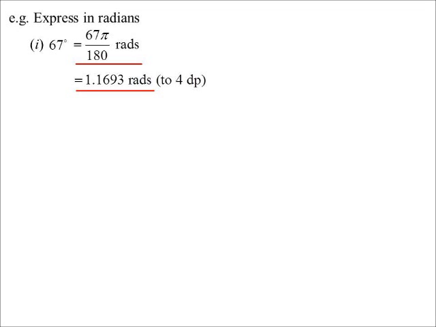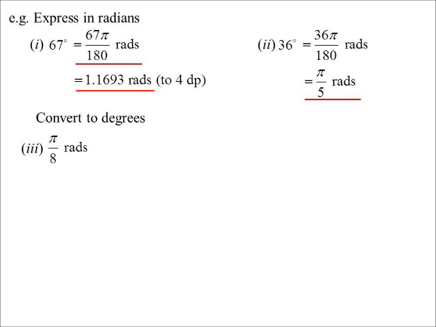Or if you think about it, 1 degree would be a very small number of radians. So 36 degrees would be 36 pi on 180. That one does simplify nicely to be just pi on 5.